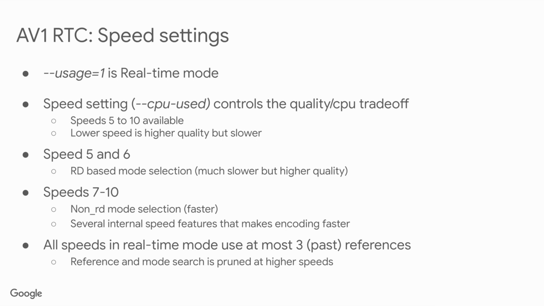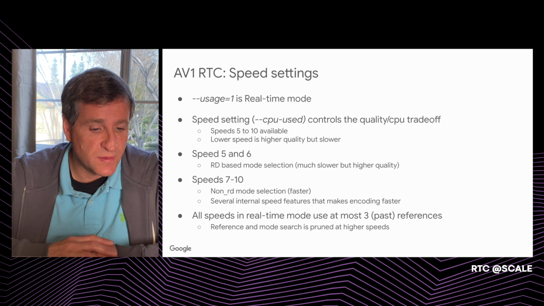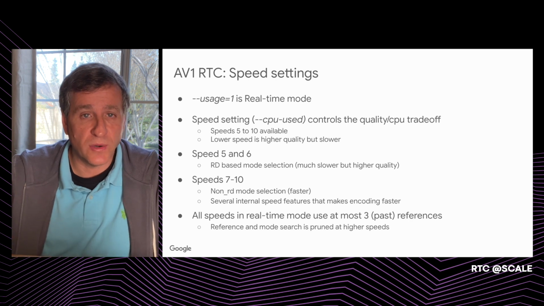Lower speeds give higher quality, but slower encoding. Speeds 5 and 6 are the RD-based mode selection, which is much slower encoding, but much higher quality. And speeds 7 to 10 go through the so-called non-RD encoding path, which is faster encoding, but lower quality. And also there are several internal speed features that make the encoding faster as you go higher in the speeds.